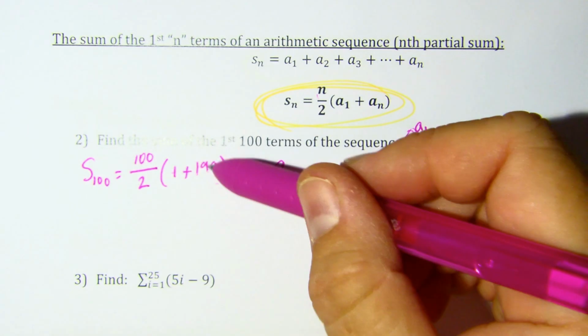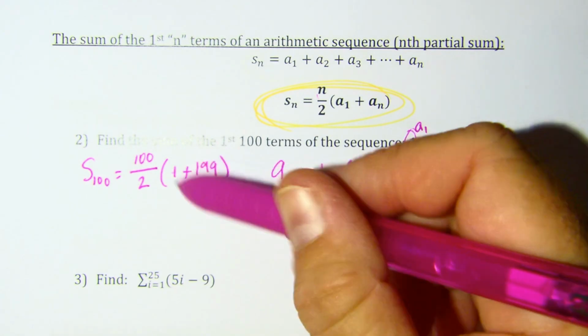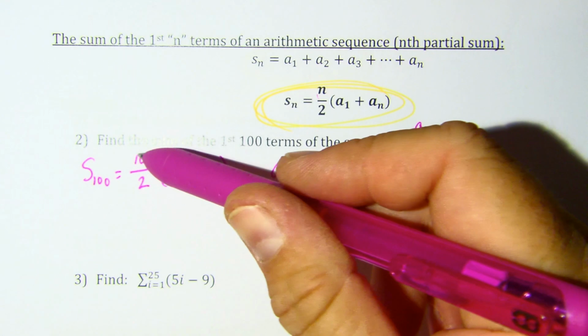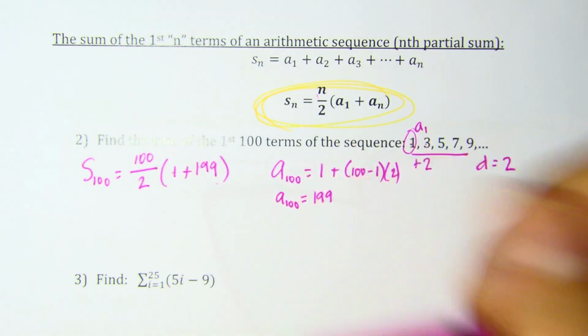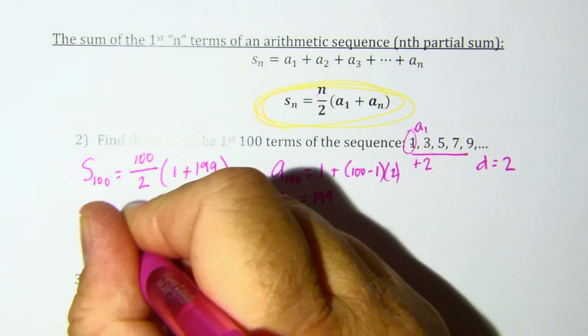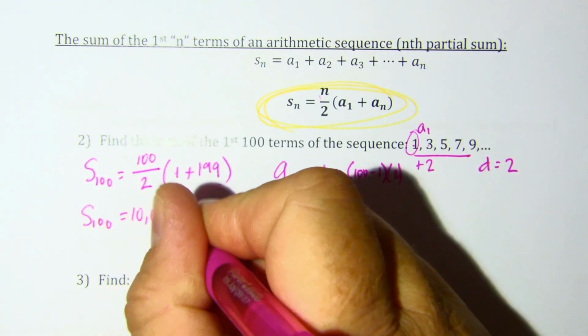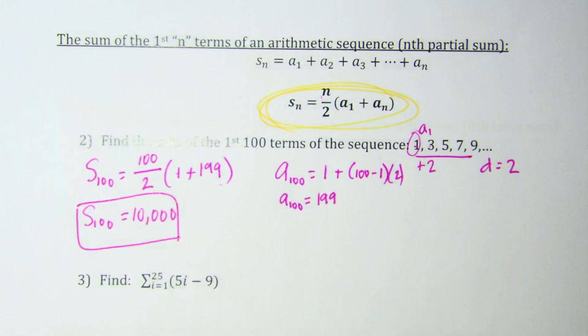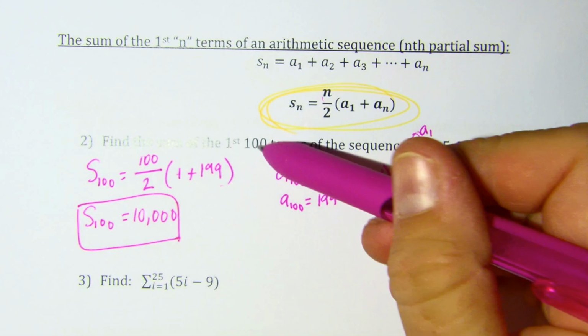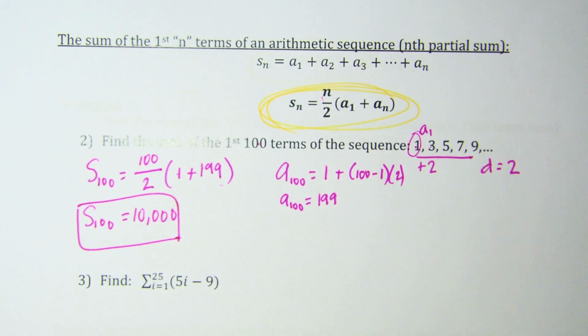So 1 plus 199 is 200, and then 100 divided by 2 is 50. 50 times 200 is equal to 10,000. So that's the sum of the first 100 terms of this sequence.